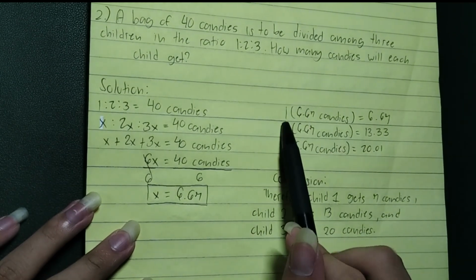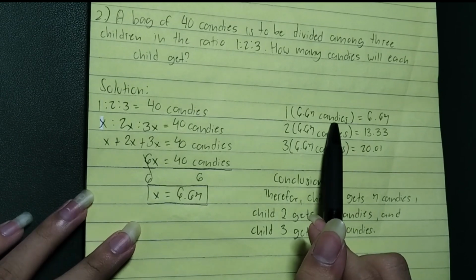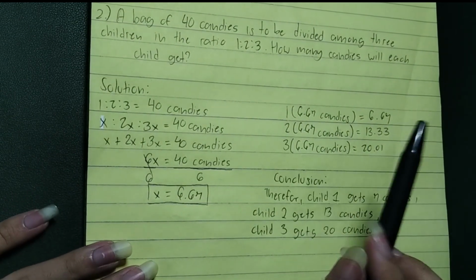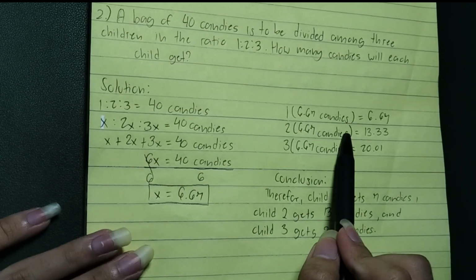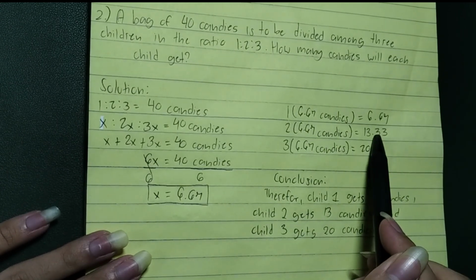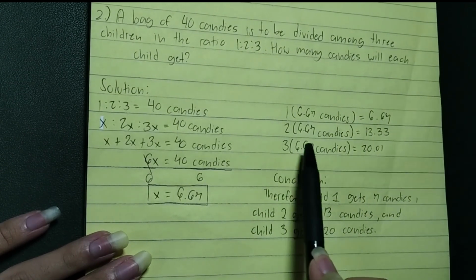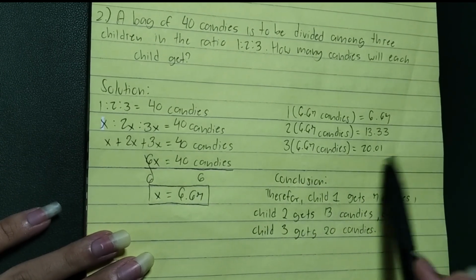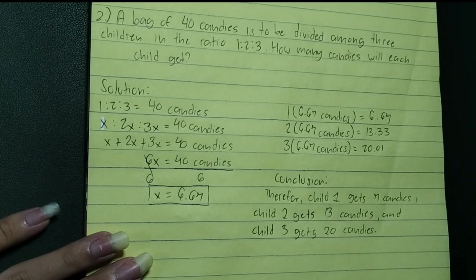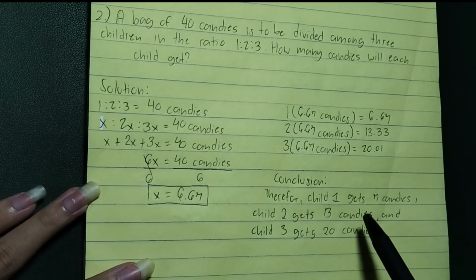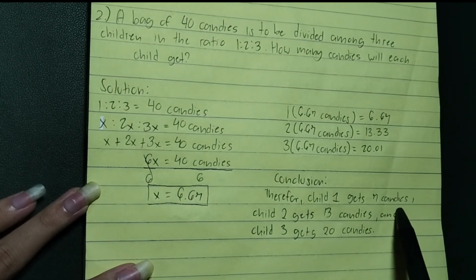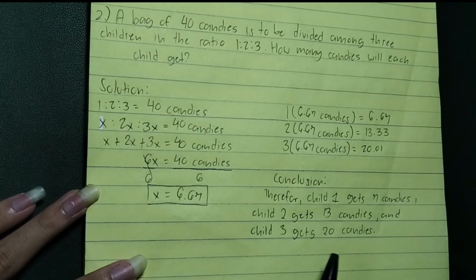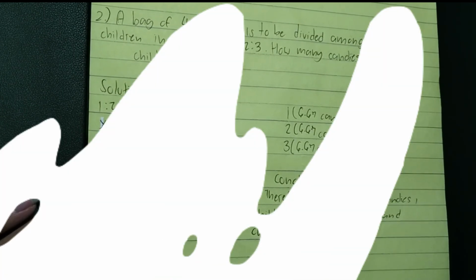So first, 1 times 6.67 candies equals 6.67. Then 2 times 6.67 candies equals 13.33. And 3 times 6.67 candies equals 20.01 candies. In conclusion, child 1 gets 7 candies, child 2 gets 13 candies, and child 3 gets 20 candies.